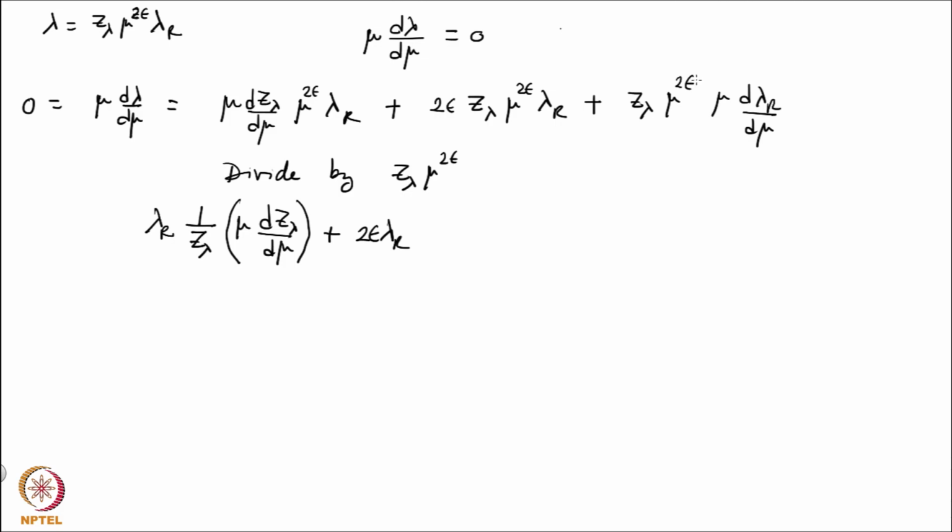And in this term again z lambda and mu to the 2 epsilon go away, and you are left with mu d lambda r over d mu is equal to 0.